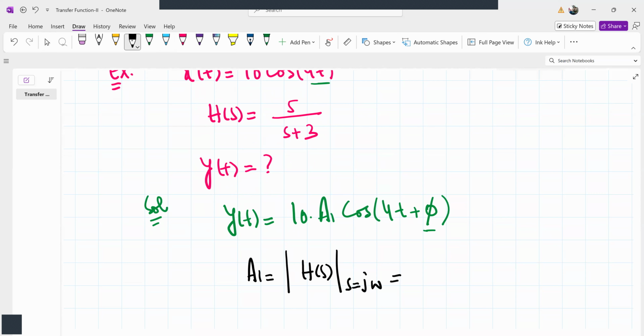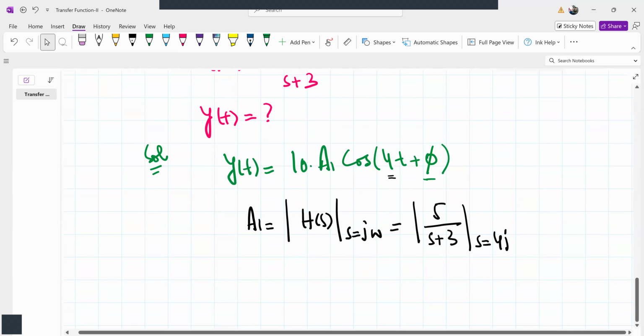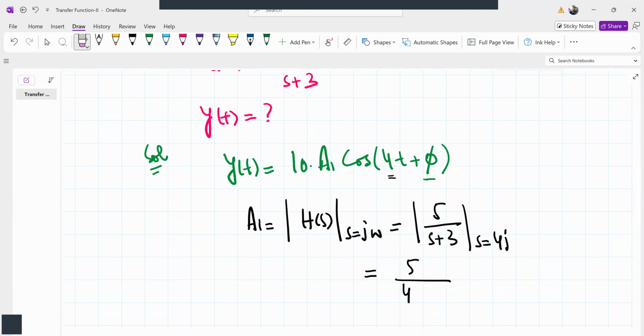So if we put s equal to j omega, transfer function is 5 divided by s plus 3. Omega is how much? 4. So if we replace s by 4j, it will be 5 divided by 4j plus 3. So we have to find the magnitude of this quantity.